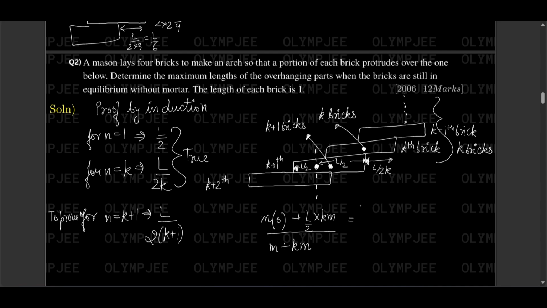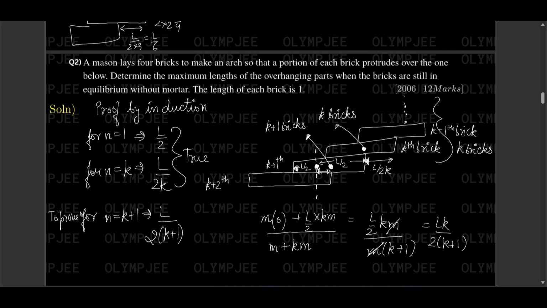So this will give us that the position of this k plus 1 bricks point is at a distance of L by 2 km divided by m into k plus 1. Cancelling out m, it is equal to Lk by 2 into k plus 1.